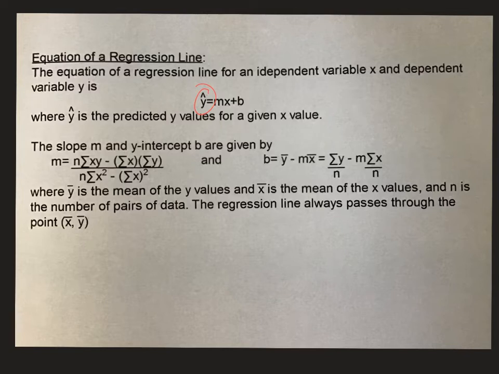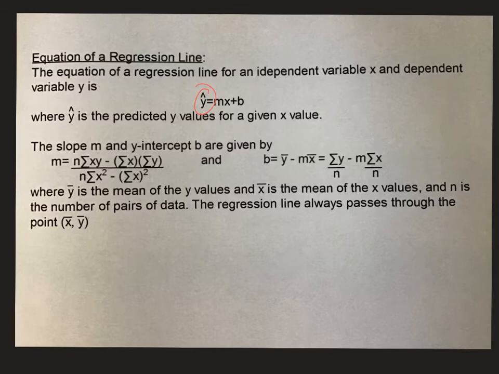The difference does come in when we're finding the formulas for those two values. It's not just the difference between your points for the slope like it is in Algebra 1. You've got to find all your sums. The good news is you're finding the same sums that we were finding in 9.1.